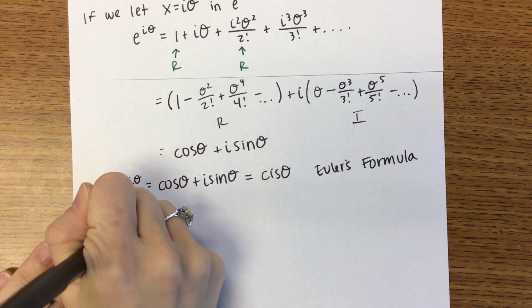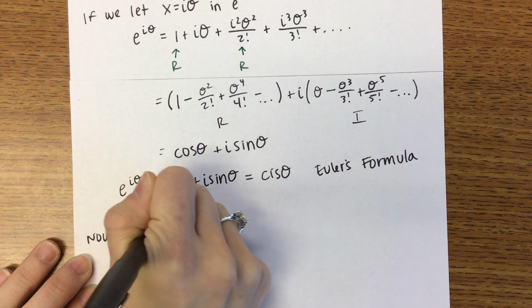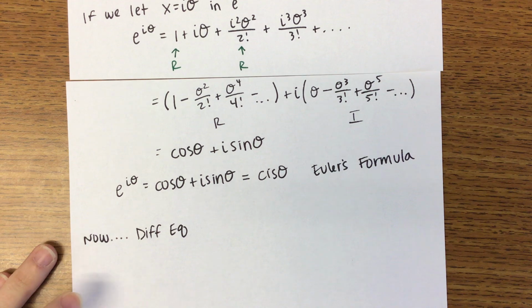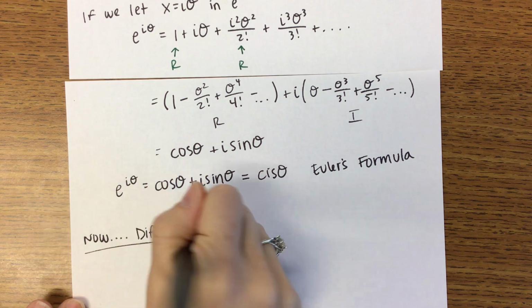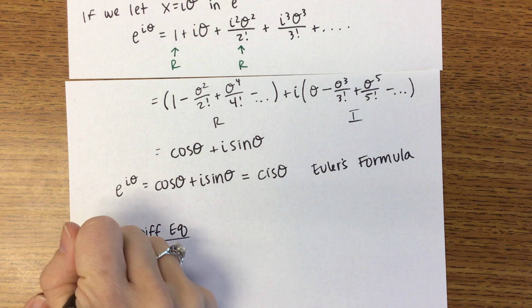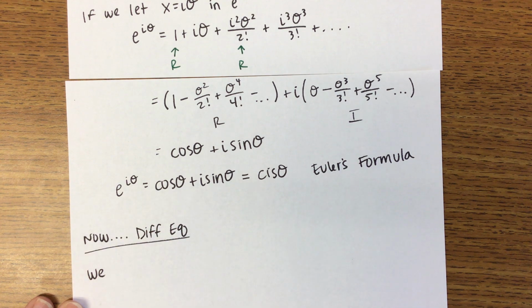That's all the background. This is going to help us now when we start solving. We are going to start by looking at a homogeneous linear differential equation of first order.